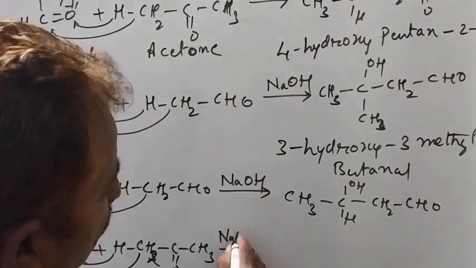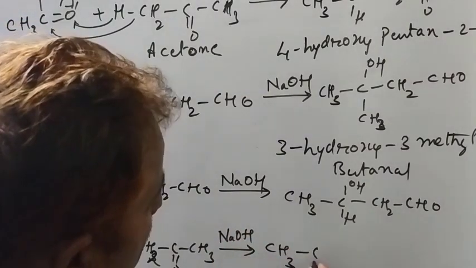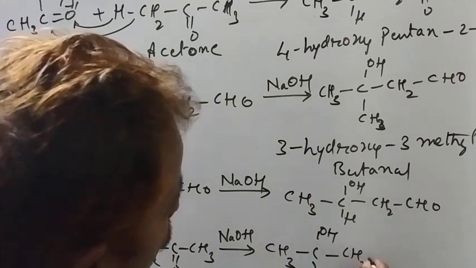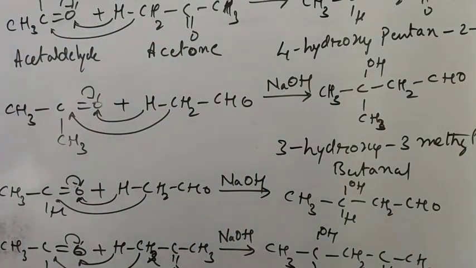Therefore, we get, in the presence of dilute alkali, CH3, CH3 here, OH, CH2, C double bond O, CH3. So what is the name of this substance? 4-hydroxy-4-methylpentan-2-one.